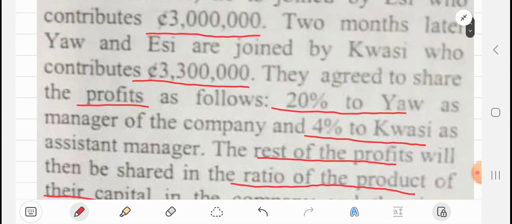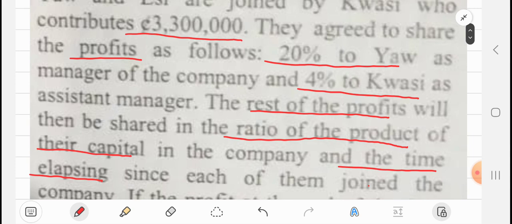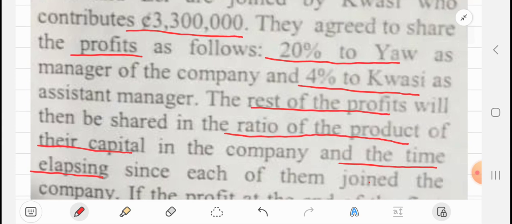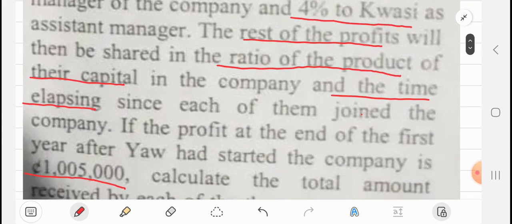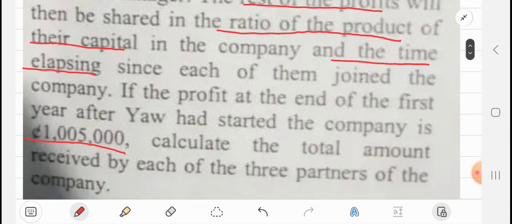They agreed to share the profits as follows: 20% to Yo as manager of the company, 4% to Kwasi as assistant manager. The rest of the profits will then be shared in the ratio of the product of their capital in the company and the time.